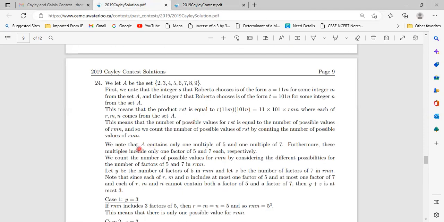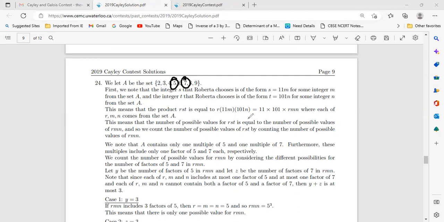So if you notice, the set A contains only multiples of 5 and 7. Furthermore, these multiples include only one factor of 5 and 7 each respectively. One multiple of 5 means it's just 5, right? And one multiple of 7, it's just 7.